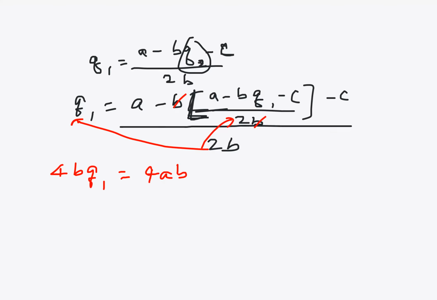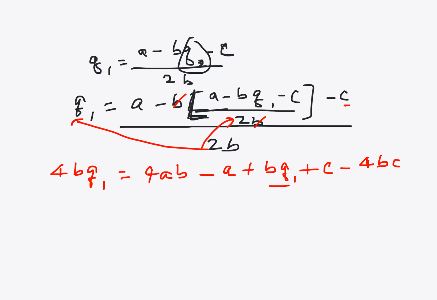So that will give you 4AB minus A plus B times Q1, then plus C, and then minus 4BC, okay, 4B times negative C. So we can simplify it further, 4BQ1, and this BQ1 can come to the left-hand side.